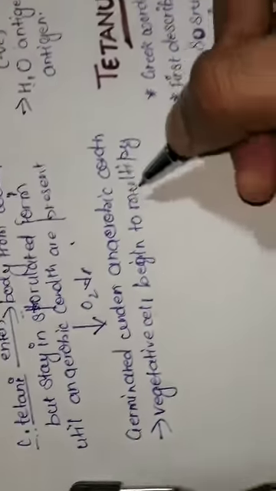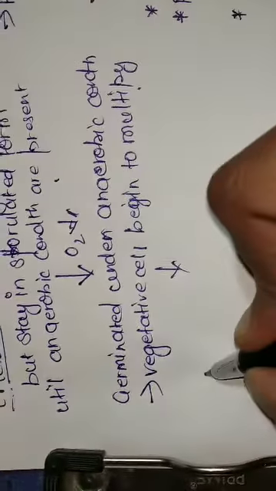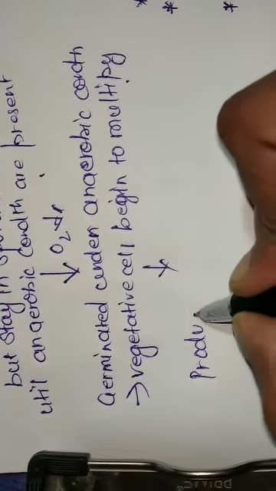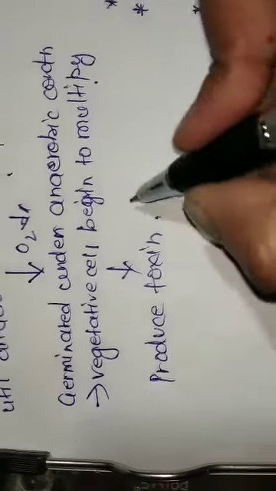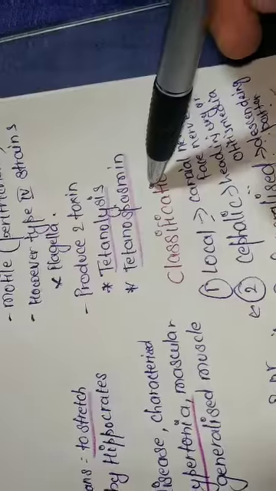Along with the multiplication, they start producing toxins. Here they produce both of the toxins, as I already discussed, the tetanolysin and tetanospasmin.